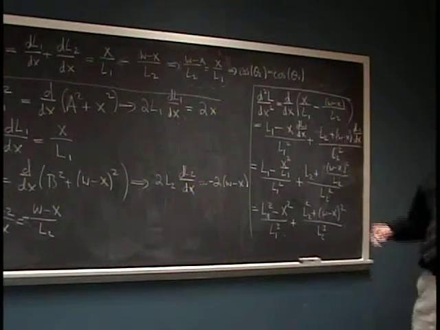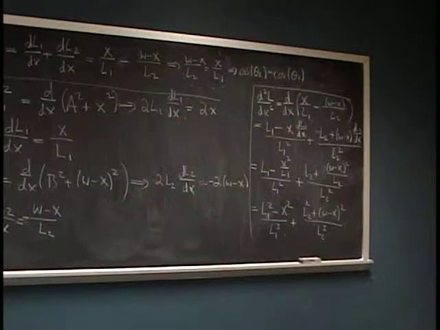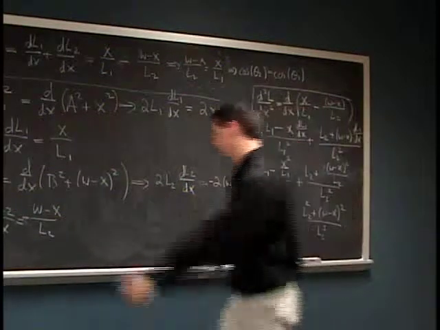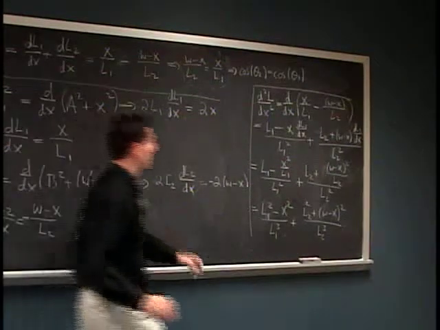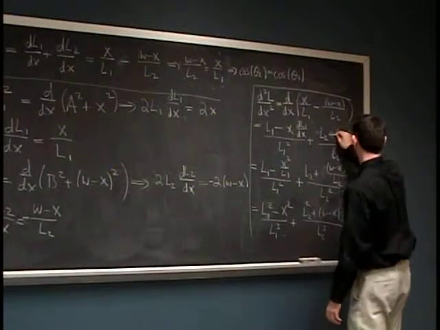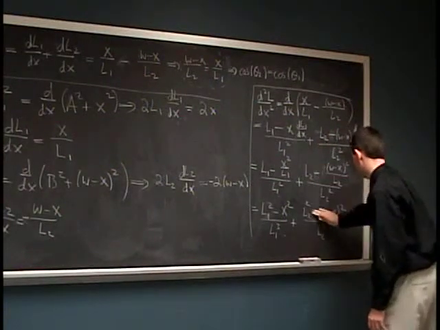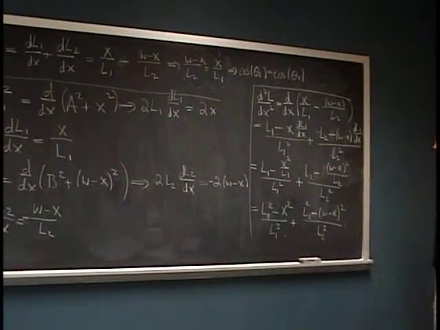Maybe that should still be a minus. We'll check it. Oh, yeah, that's right. It is a minus, because we left this minus off. There. It doesn't hurt anything. It's still going to be positive. There we go. Good.